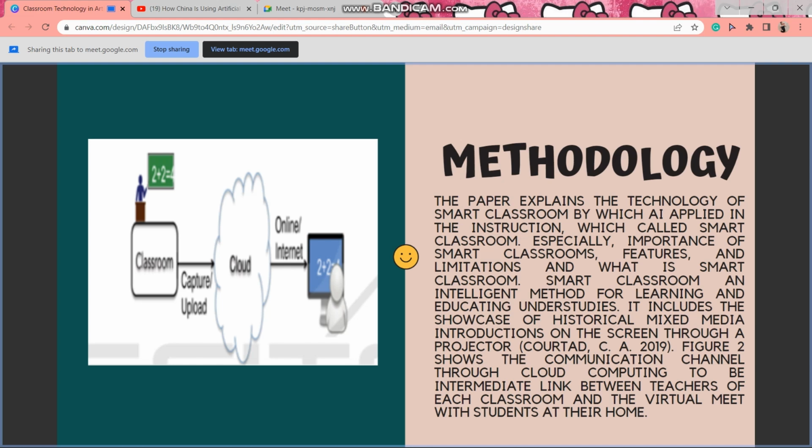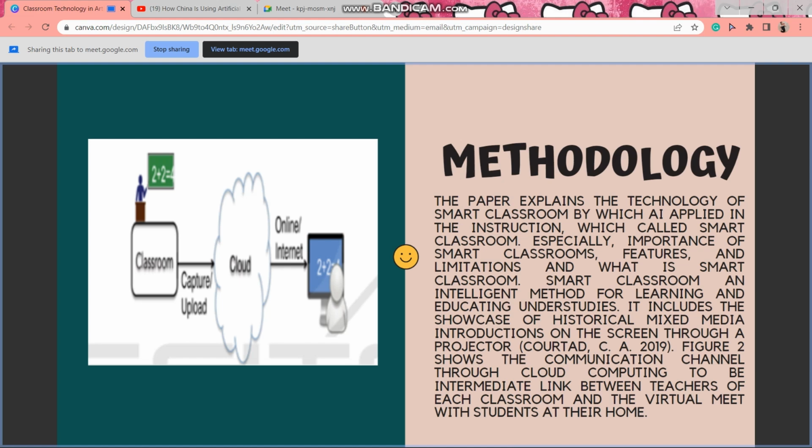The next one is the methodology. The paper explains the technology of smart classroom by which AI is applied in instruction, which is called smart classroom. Especially, importance of smart classrooms, features, and limitations, and what is smart classroom.